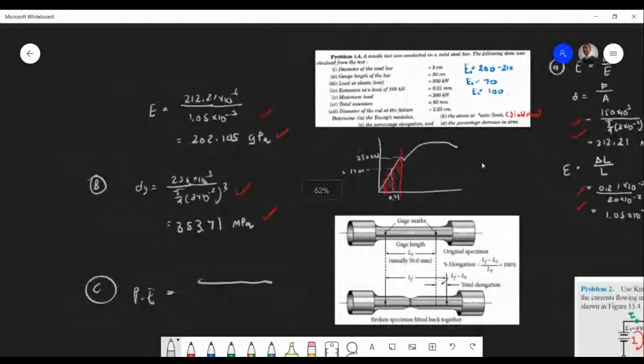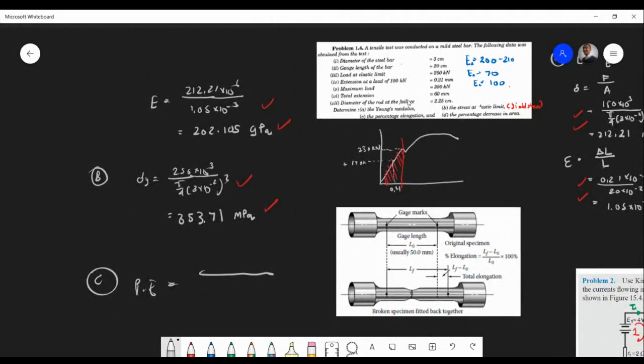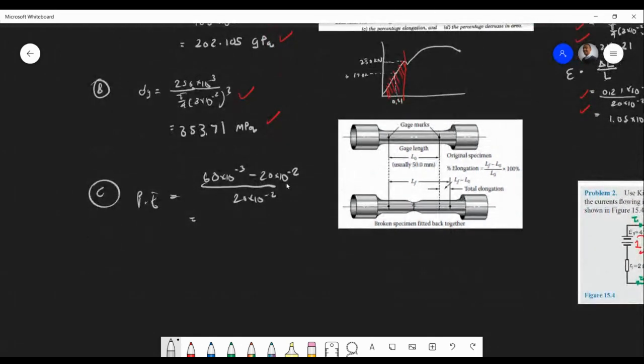I'm going to stop a bit, sorry about that. So we've got a total extension of 60, and the initial length was 20 centimeters. So we can just say 60 times 10 to negative 3 minus 20 times 10 to negative 2, so the change in length divided by the initial length. So we should get something in percent. This is all the easy stuff.